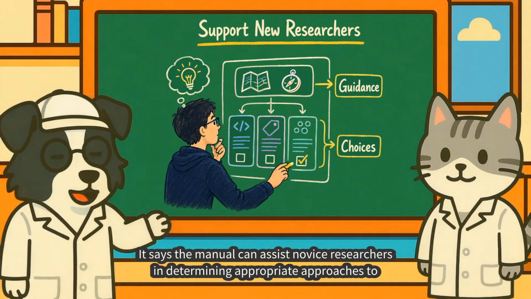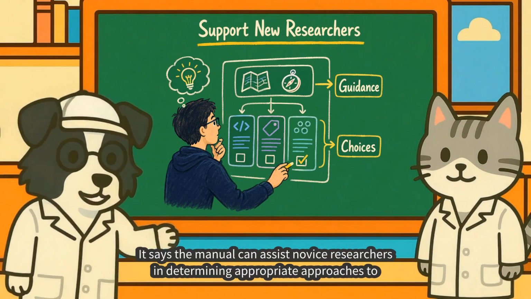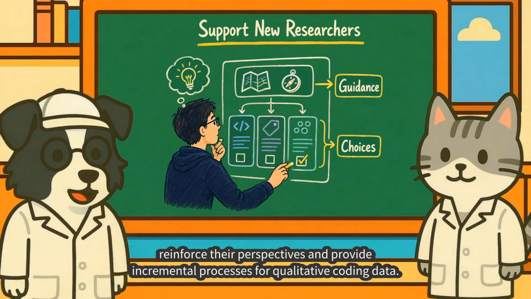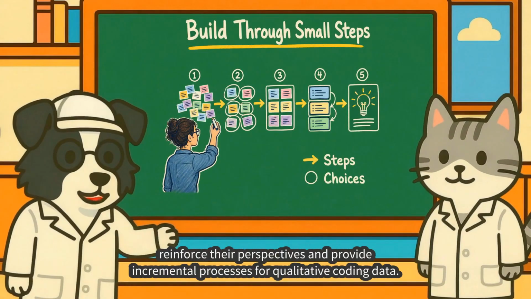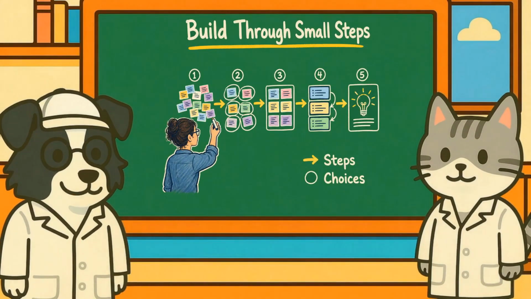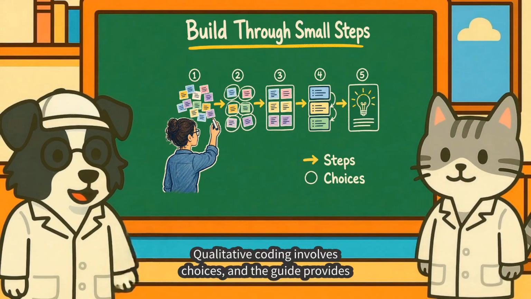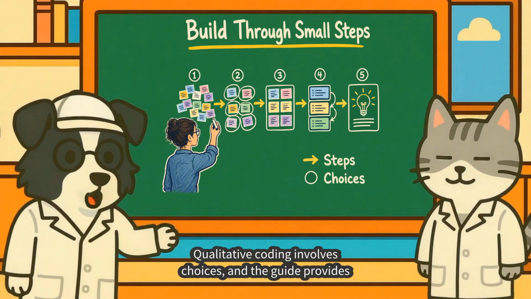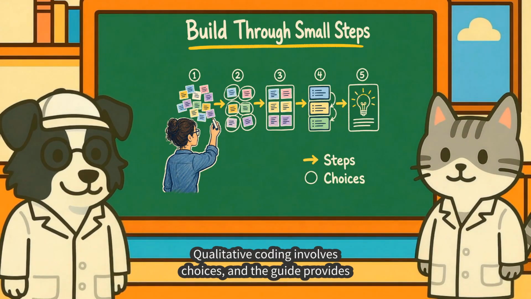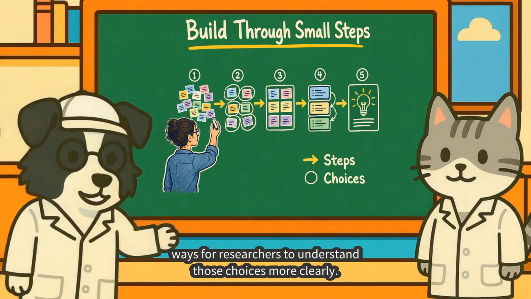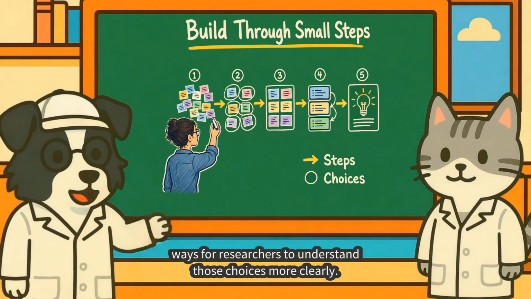It says the manual can assist novice researchers in determining appropriate approaches to reinforce their perspectives and provide incremental processes for qualitative coding data. That sounds like it supports decision-making, rather than giving every researcher the same answer. Yes, qualitative coding involves choices, and the guide provides ways for researchers to understand those choices more clearly.